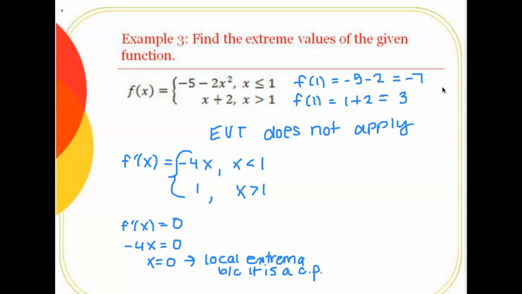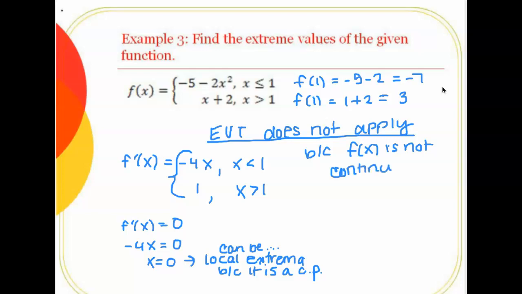And again, it's important that I keep saying it can be. We're not guaranteed that because EVT does not apply because f of x is not continuous. So if it asks you to use the extreme value theorem, then you have to say EVT does not apply. So there are therefore no guaranteed absolute max or mins.